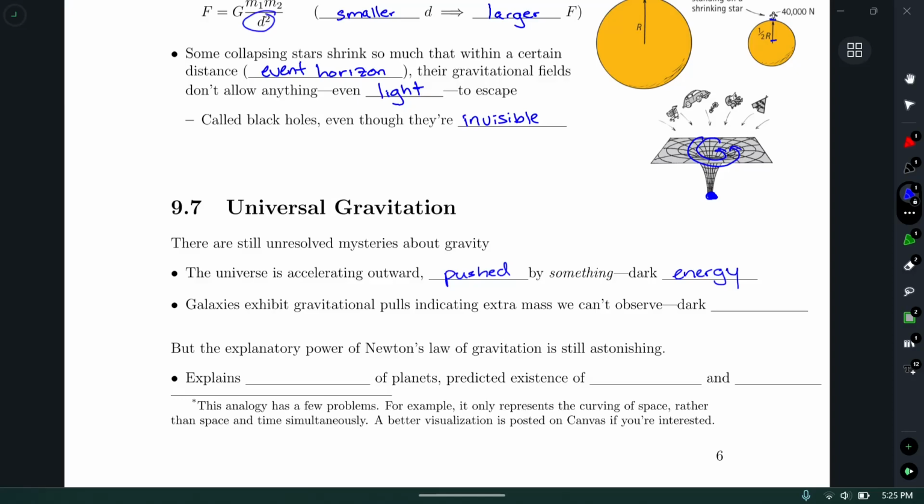Similarly, if we look at the rotation of galaxies, that depends in part on the mass of the galaxy. But the rotation rate we'd predict based on the mass we can see is not at all in line with the actual rate of rotation or other properties of the galaxy. What would have to be true for the measurements to line up is there would have to be a lot more mass than we can actually observe in the galaxy. And that's across all wavelengths.